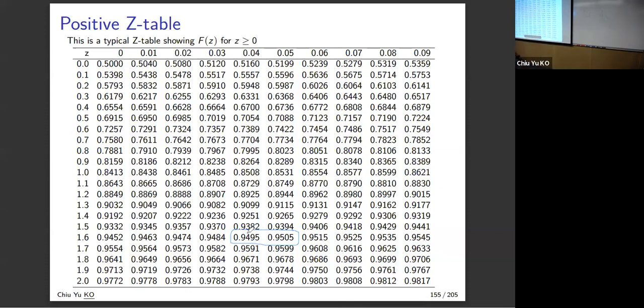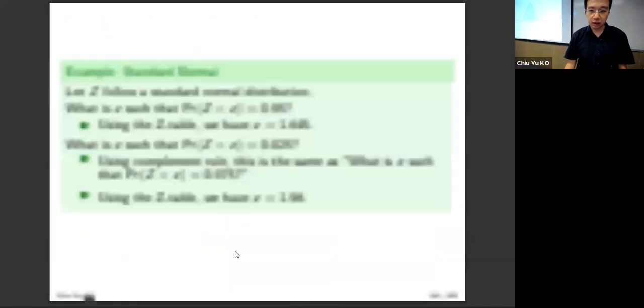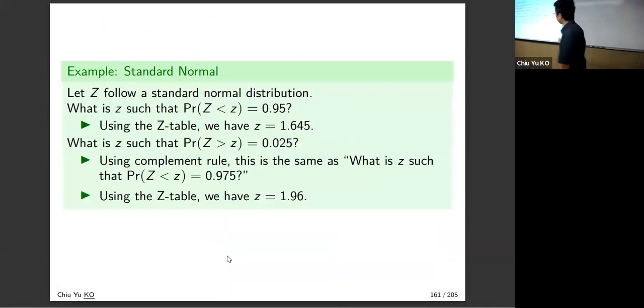The other case would be: what is z for the probability of more than z being 0.025? Just draw a graph.